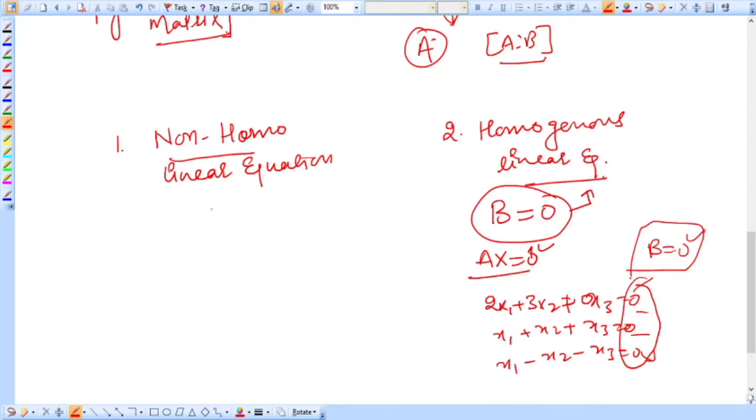If b is not equal to 0, that is, not all the bi's are 0, then we call this system non-homogeneous linear equations.